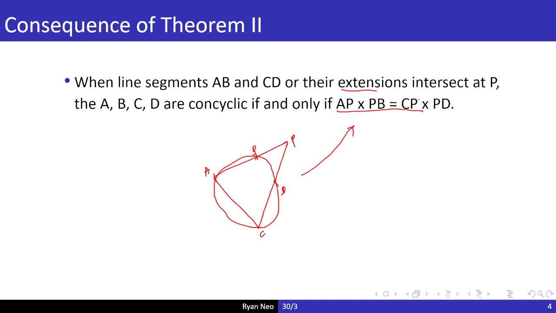And if this result is found to be not true, then A, B, C, D are not concyclic. That's all that's saying. This is the practical application in the questions that you can see.